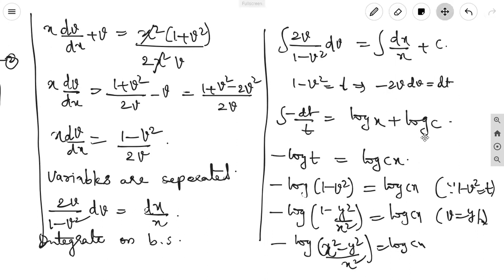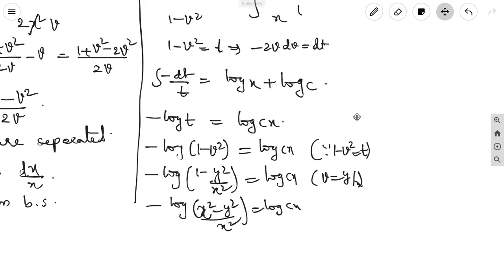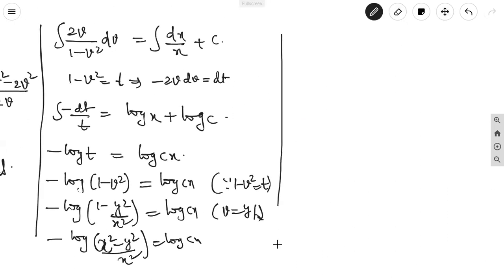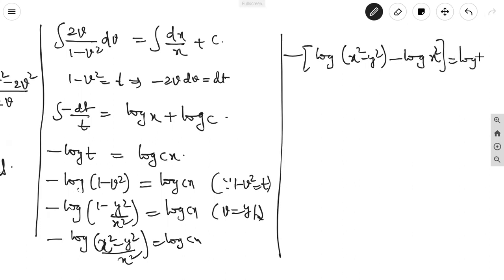Write in the form of log a by b: minus log of x square minus y square minus log x square equal to log cx.